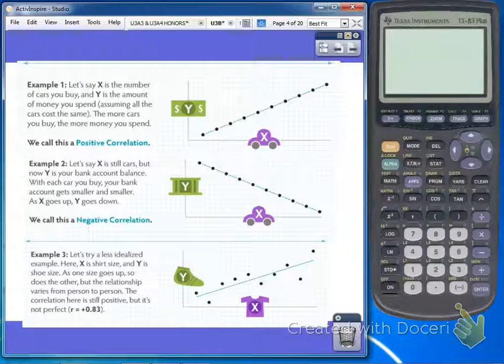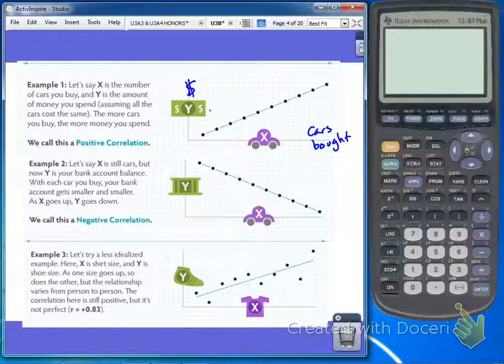Let's say X is the number of cars you buy, cars bought. And Y is the amount of money you spend, money spent. The more cars you buy, the more money you spend. Do you agree? Yep. This is a positive correlation.